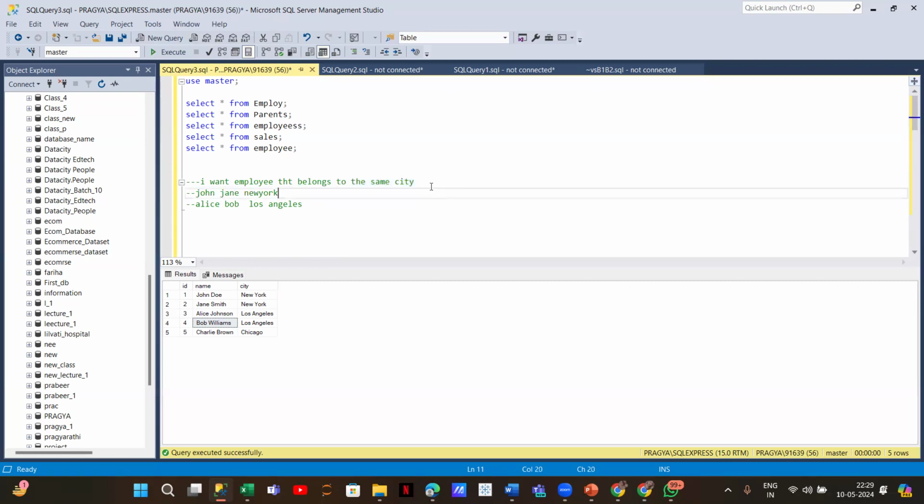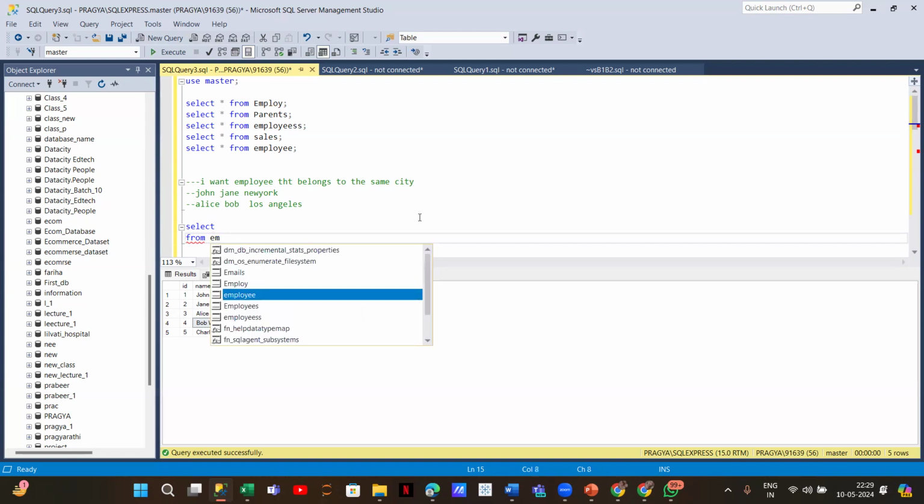Do you get the on condition that I am trying to tell you, everyone? I'm saying that in on I will use the city because it's written that I want the employees that belong to the same city. That's why I have used the city in the on condition.